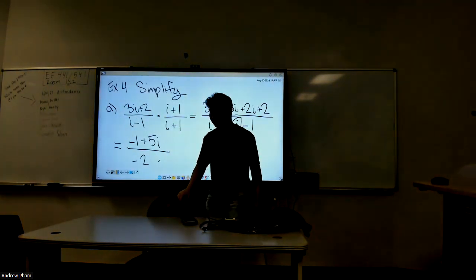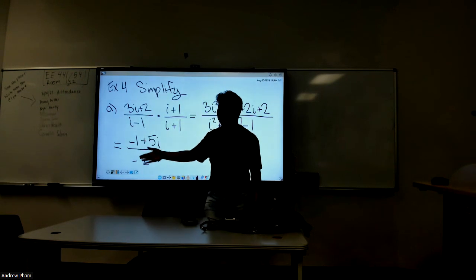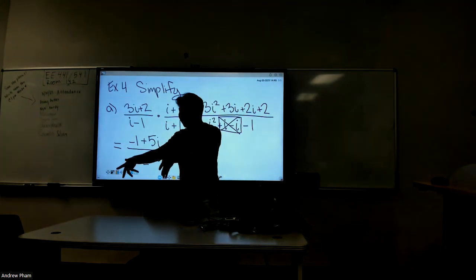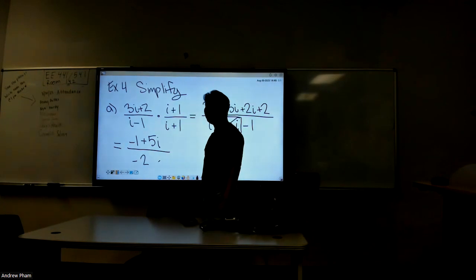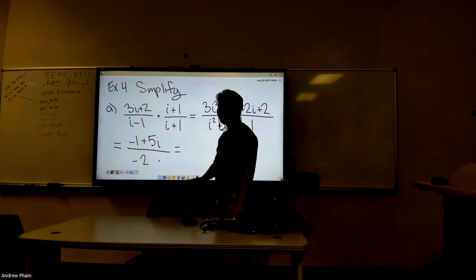Before I finish this problem, there's one last thing I want to clean up here. Does this look like a plus bi? No, it looks like a plus bi divided by -2. I want it as one number plus or minus another number times i. The good news is that this is going to be very quick. We're not even going to multiply anything.